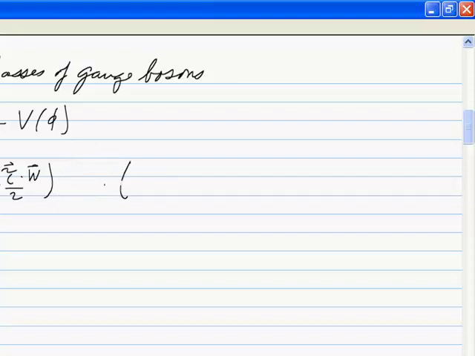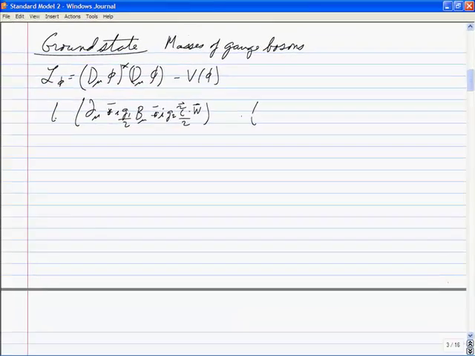I wrote that badly, it's (0, v) out there because it's phi star.